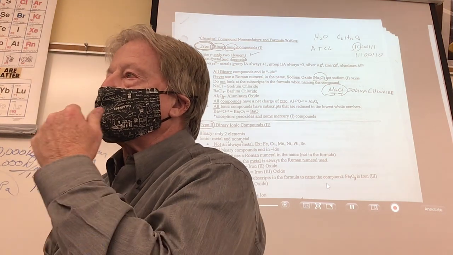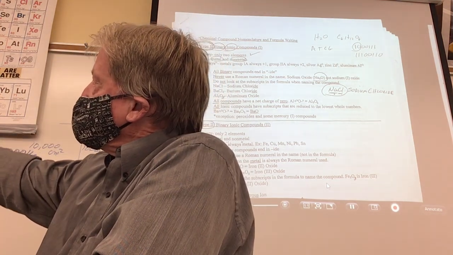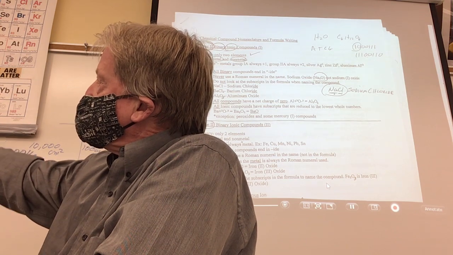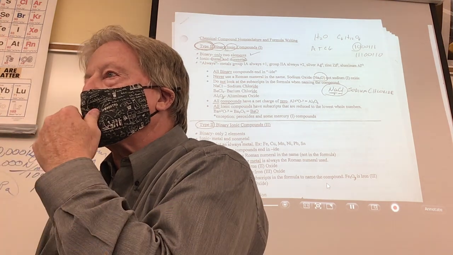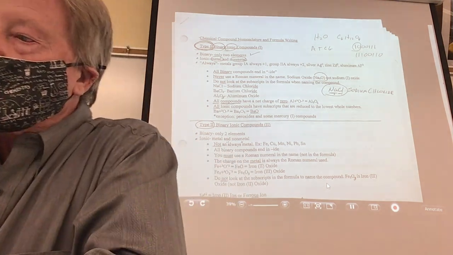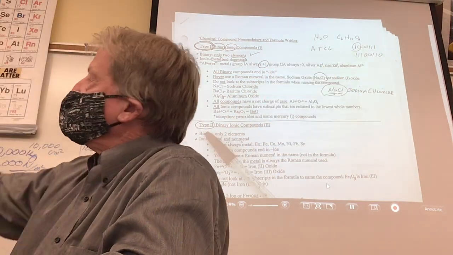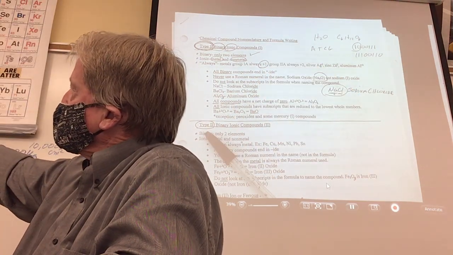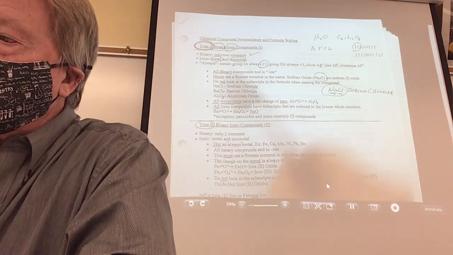Now, because you're going to hear me say this 20 times, you'll eventually know what I'm talking about. Let me show you where the always metals are, okay? Do you see this column right here? Column 1A? These metals will always be +1 charged in a compound. So these will always be +1. Look at the next group. Group 2A. In a compound, they will always be +2.